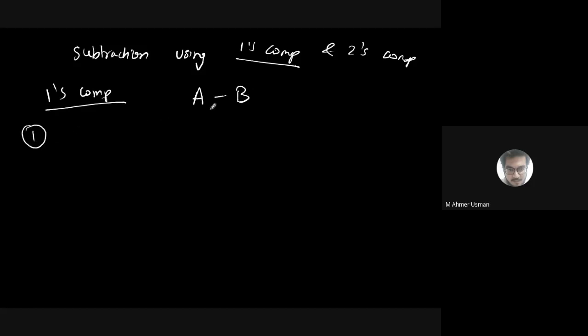The first step is that if you want to subtract one digit from the first digit, तो हमें क्या करना पड़ेगा? जो second digit है उसका ones complement लेना पड़ेगा.